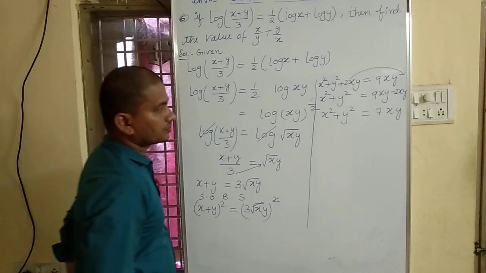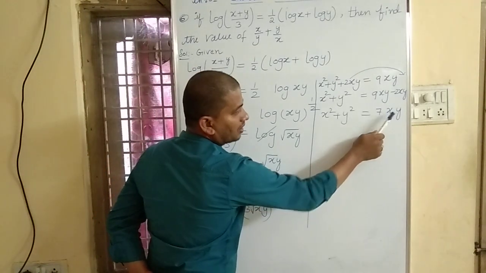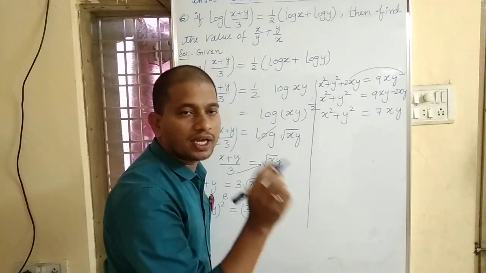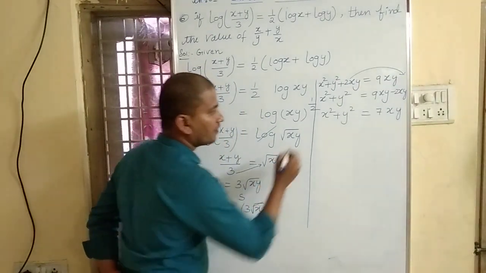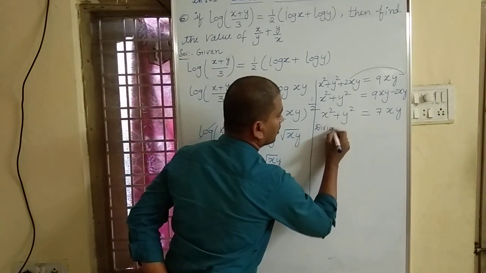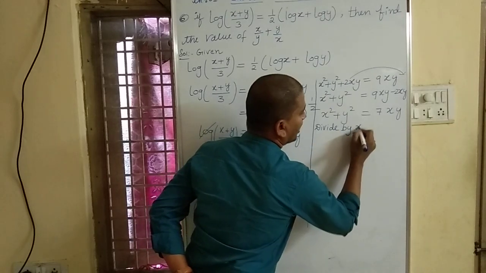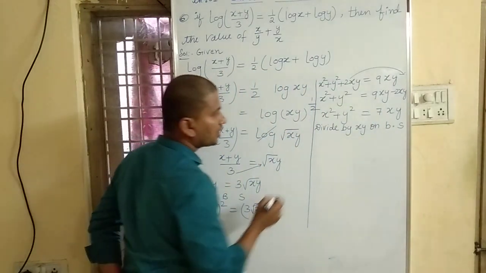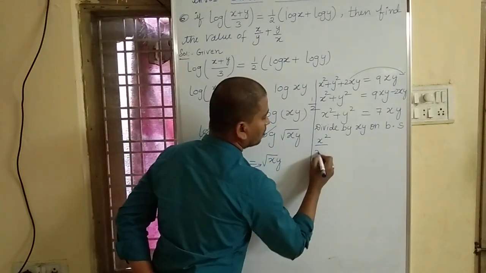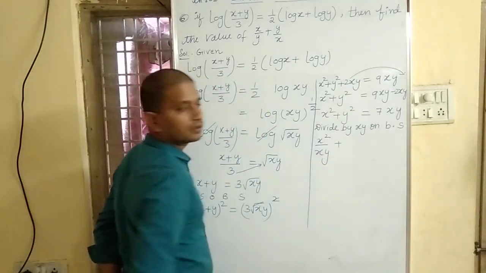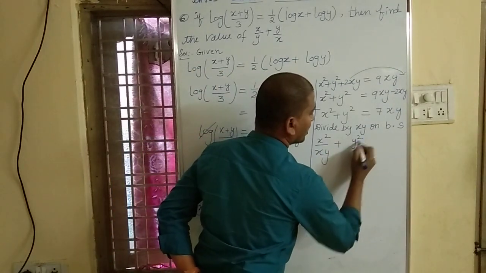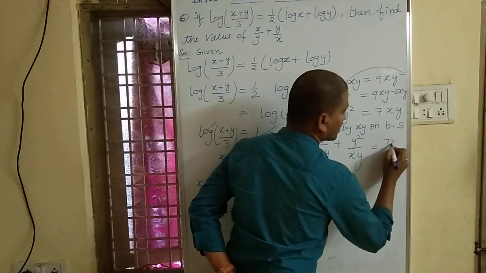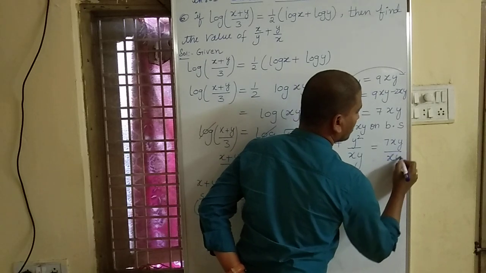Now what you do? Divide by xy: x square by xy plus y square by xy is equal to 7xy by xy.